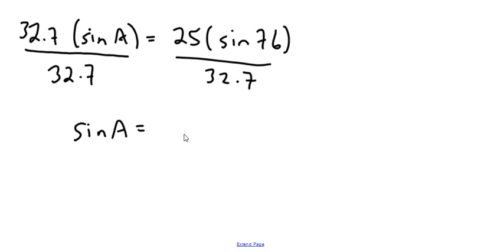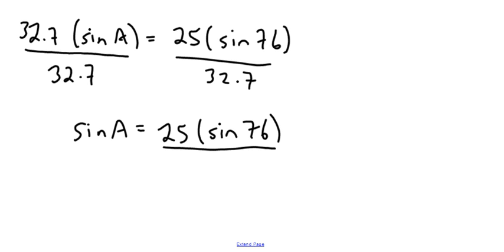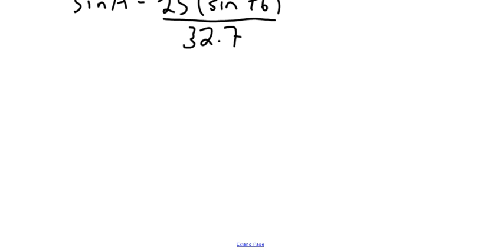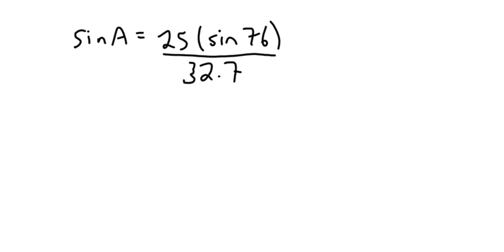And I like to do this before I access my calculator, because this way you can type it into your calculator a little more directly. You've done one set of thinking before you do calculation type thinking. So that's what I have to type in. Order of operations, I'll do sine 76 times 25 divided by 32.7, and then I'll take 4 decimal places, rounded correctly.